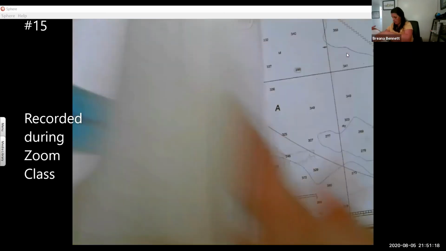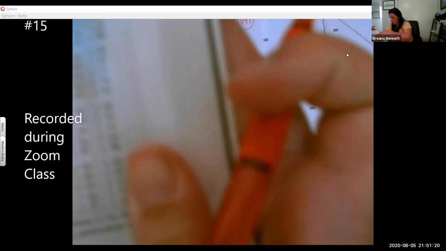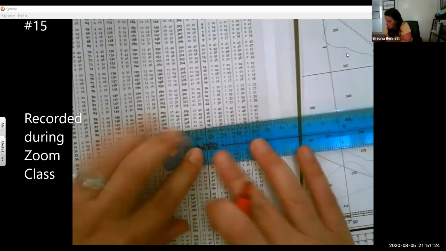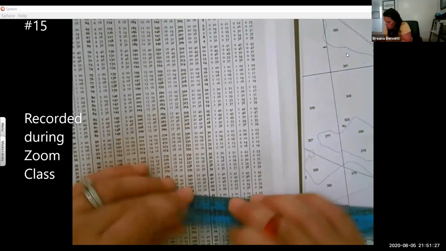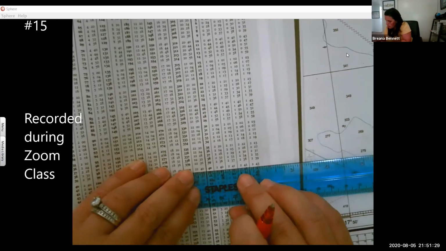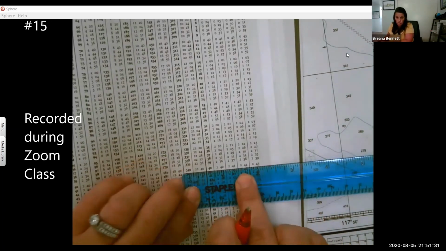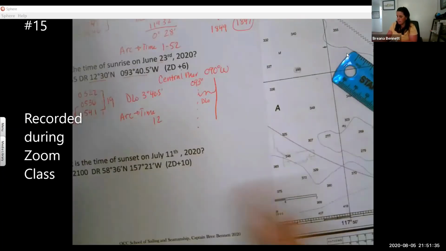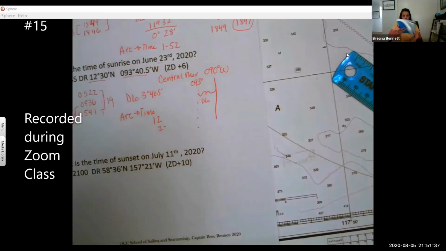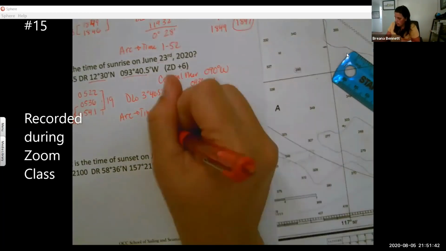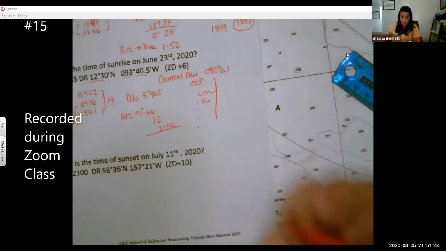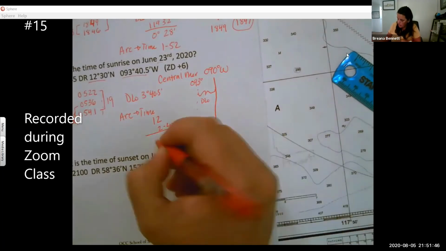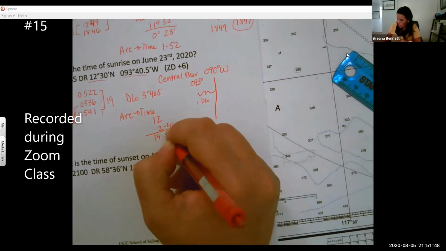And then my 40.5 gives me 2:42. 2 minutes, 42 seconds. So I have a time difference of 14:42.